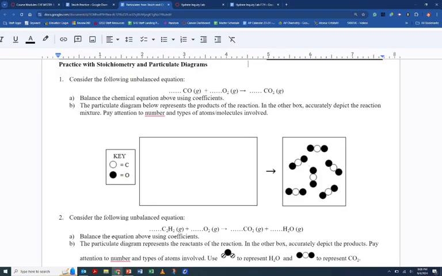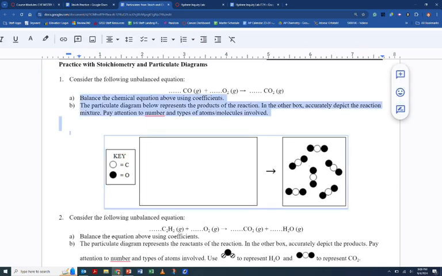Then by the time you get to the third page, our focus is going to be on the particle model stuff. You are going to need to balance the equations that I give you, and I tried to remind you to do that. Then I've introduced you to that same kind of reactant and product type of reaction, except this time our reactant side is blank.